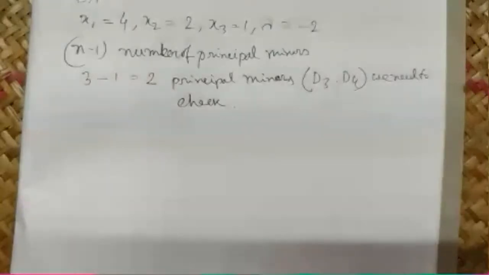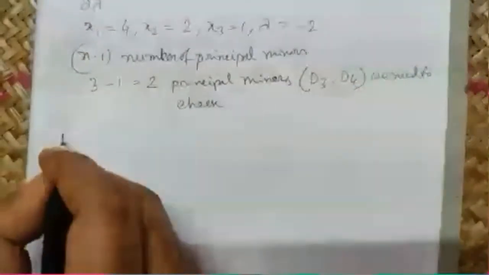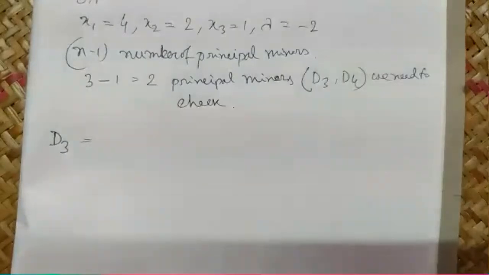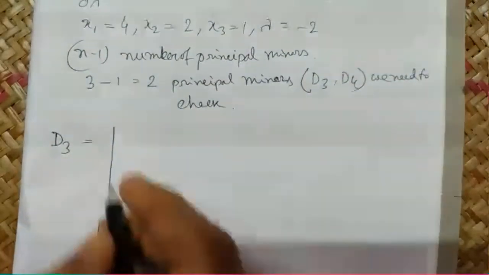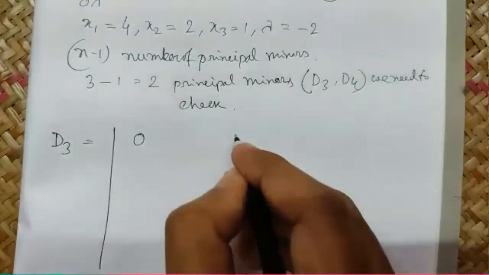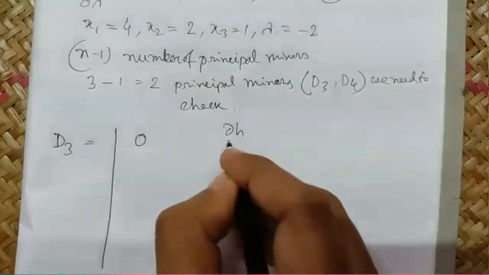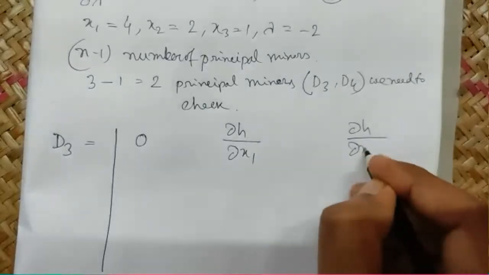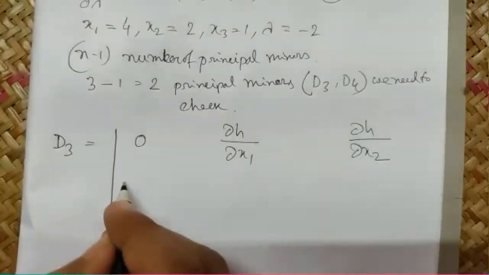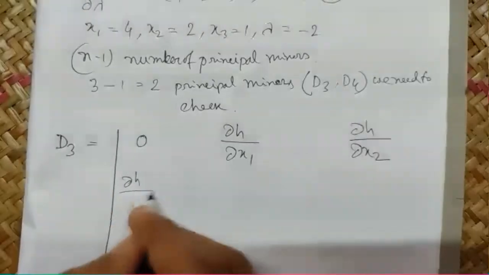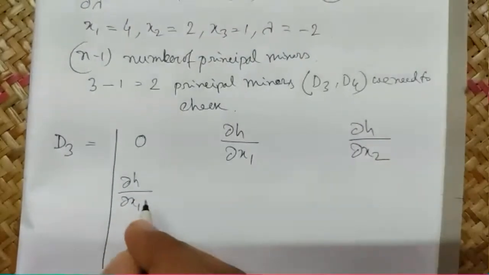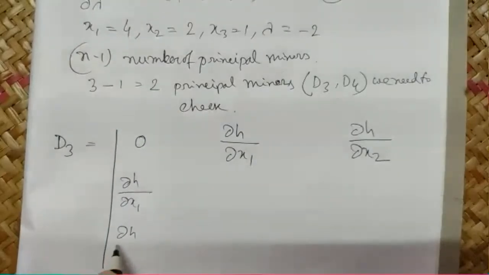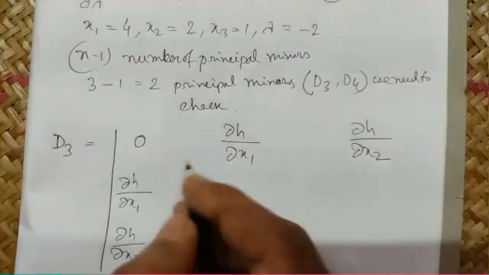So what will be D3? D3 is the determinant of the 3 cross 3 matrix. And how will we solve it? This is 0. Just as we have written on the last page, del h del x1, del h del x2.